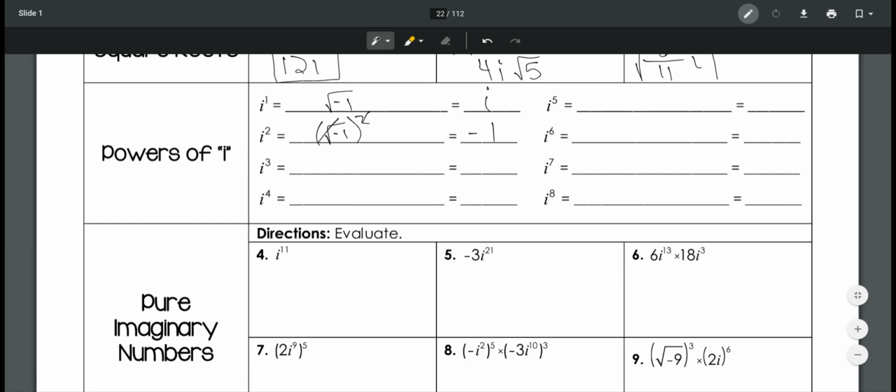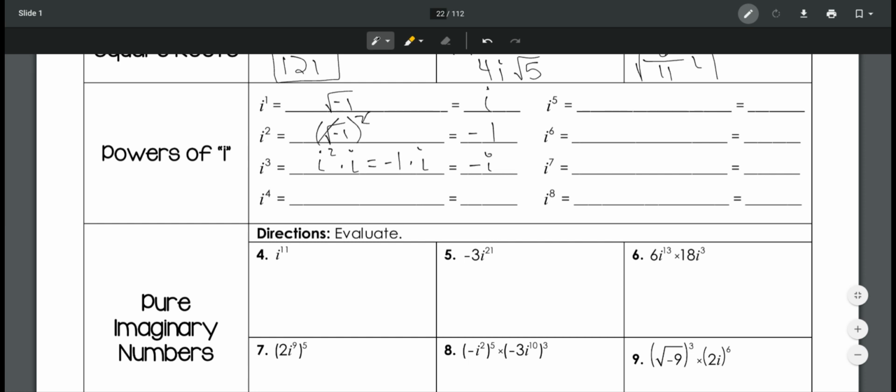Now, in the next example, I need to break this up. Now that I know i squared is equal to -1, I can split up that i to the third into i squared times i. That gives me -1 times i, because every i squared becomes -1. So I end up with -i.